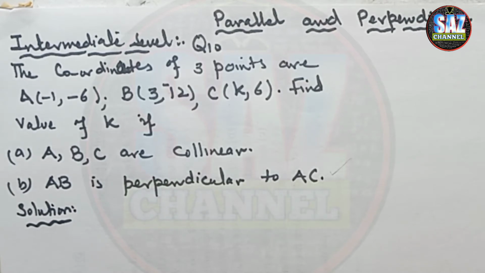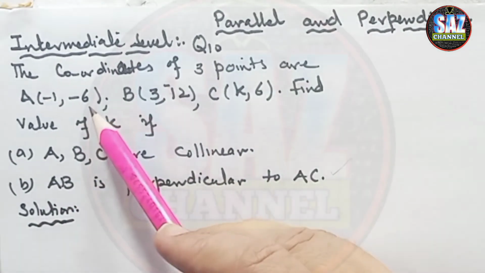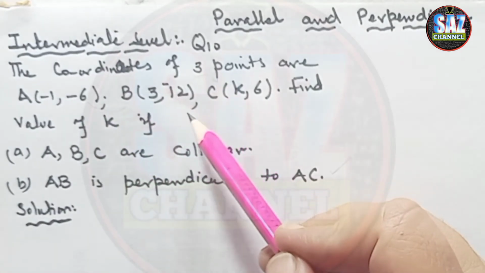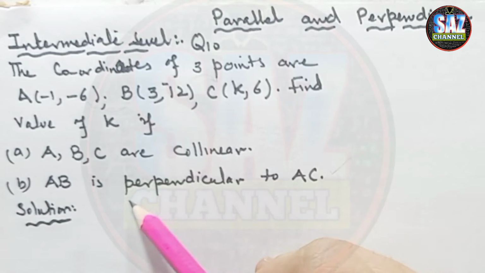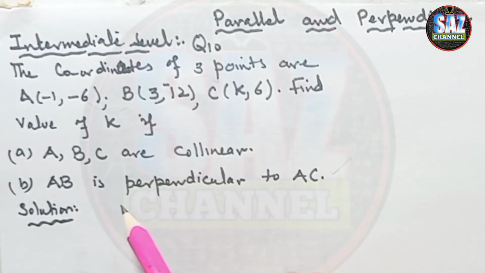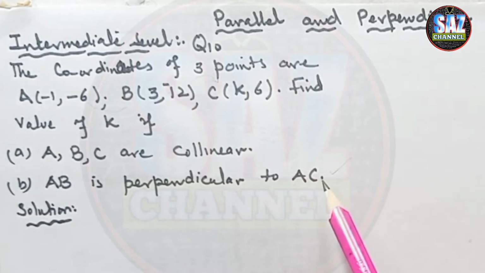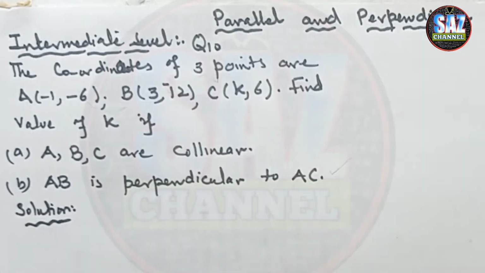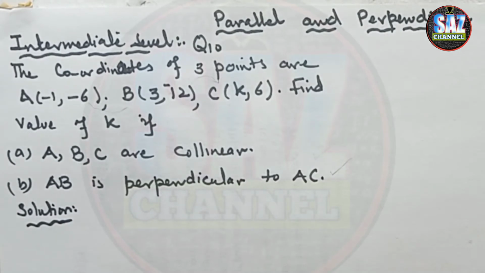Recall the condition for 3 points to be collinear: the gradient of AB is equal to the gradient of BC. And for perpendicular lines, we know that the product of the gradients of 2 perpendicular lines is -1. We will be using these conditions in today's class to find the value of the unknown.